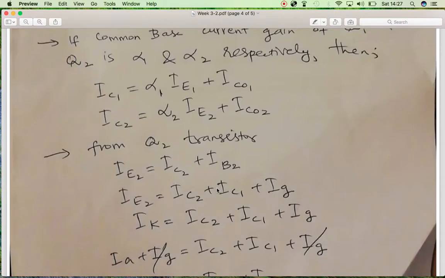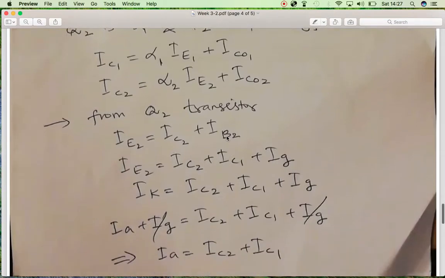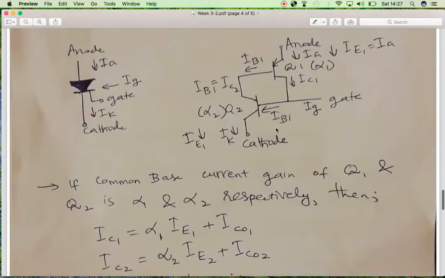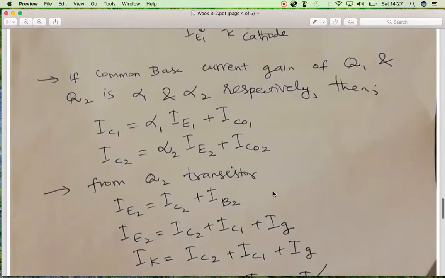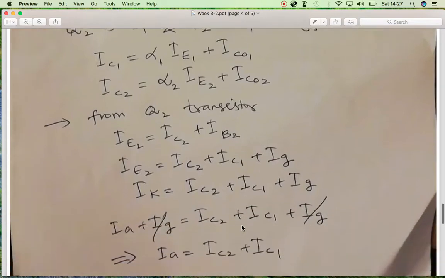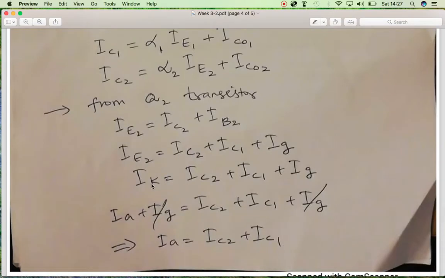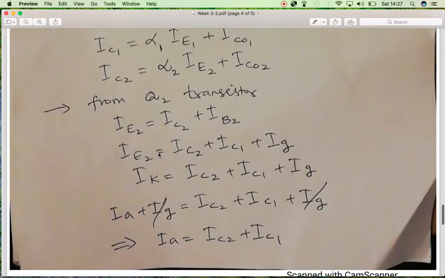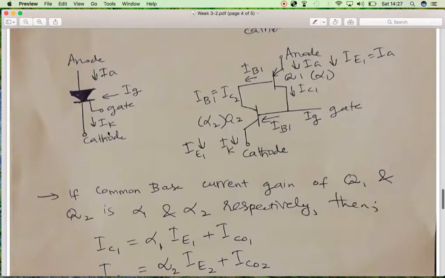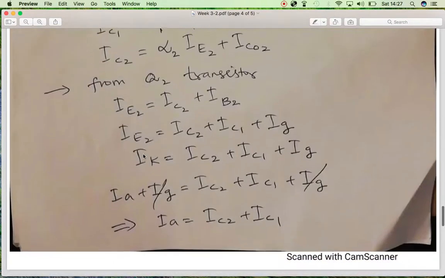Then IB2 is equal to IC1 plus IG. So we put IC1 plus IG over here, and then we have IE2. This IE2 is equal to IK. We have put IK over here, and IK is equal to IA plus IG, as we can see from this diagram. We have put this value over here, and we have cancelled the gate current.